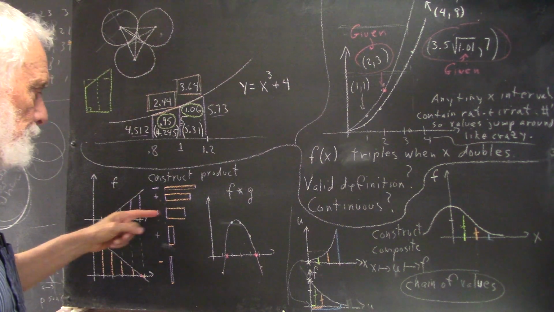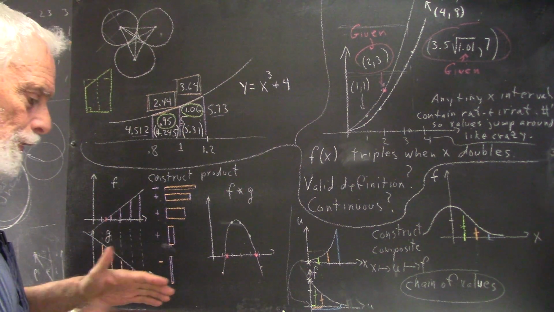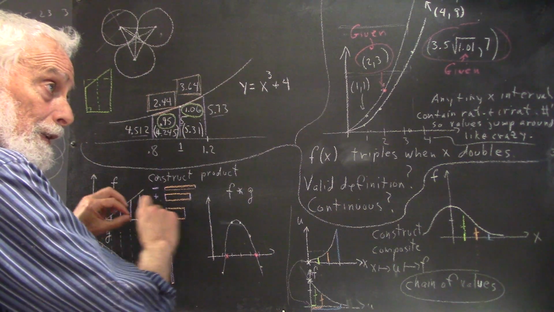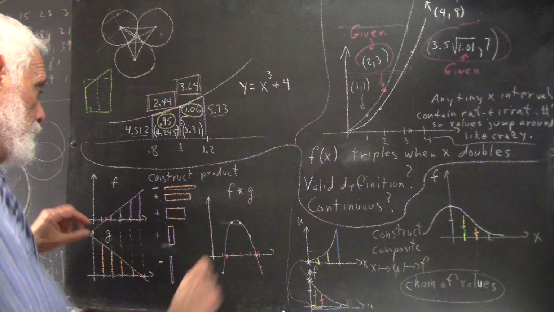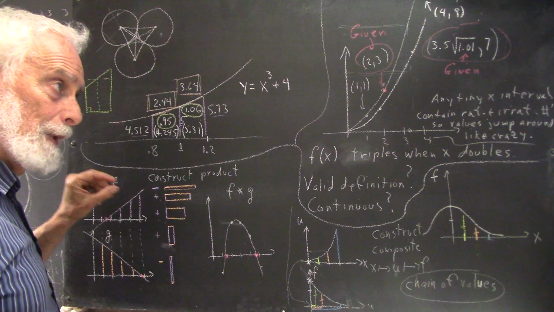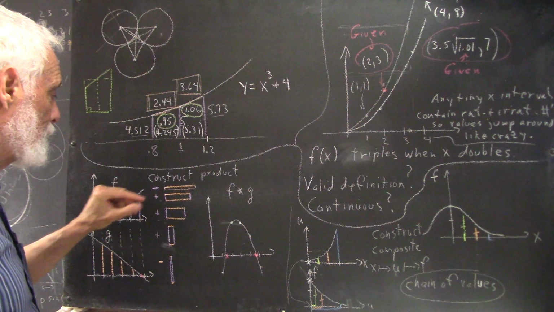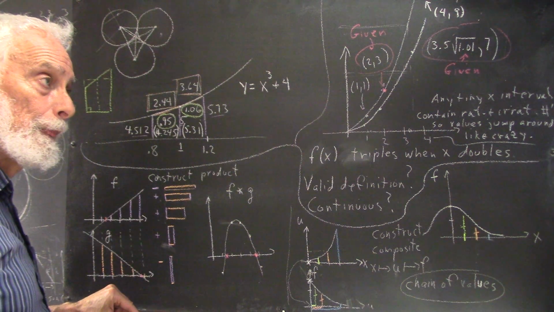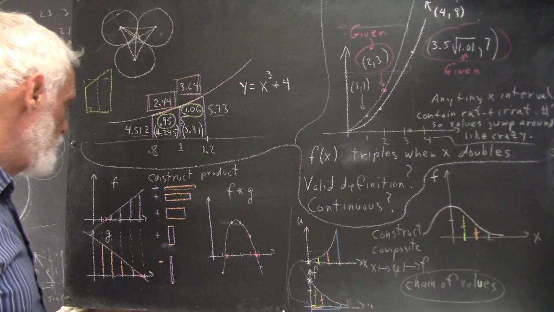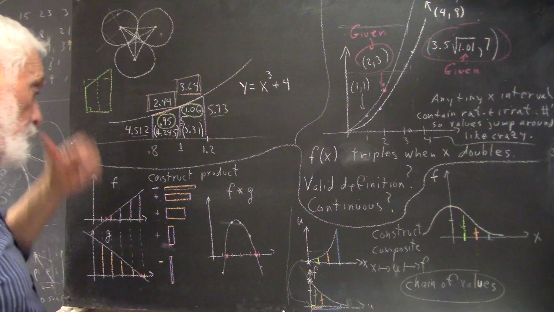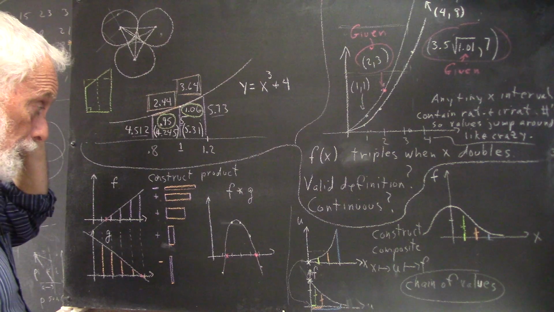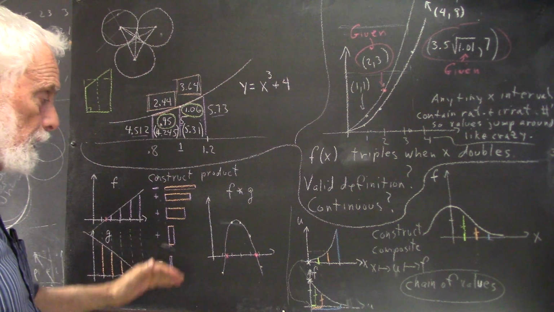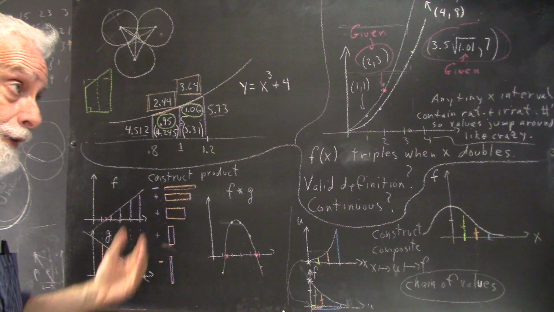Another way, we could split the rectangles into thin strips and put the strips down consecutively, thin strips of the same width for all rectangles, and compare the areas that way. So by one kind of reconstruction or another, we could get some sort of reasonable comparison of these areas.